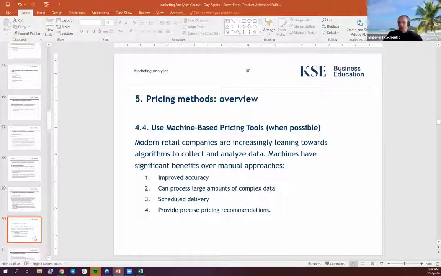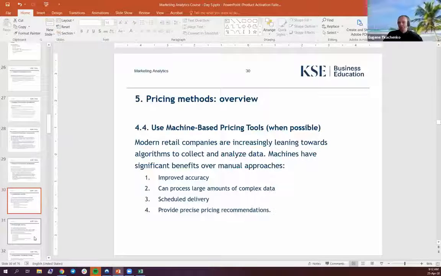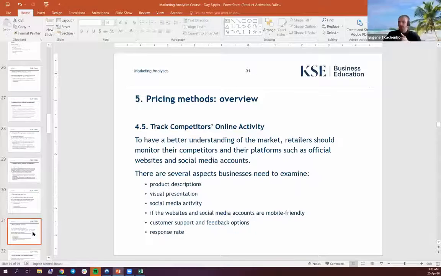And analyzing all the information in an old-fashioned way, just going and collecting all the data manually, if it's possible to automate somehow, it's better to do it by having some sort of automated tools which are able to extract the data from multiple websites and then provide you with some sort of report.